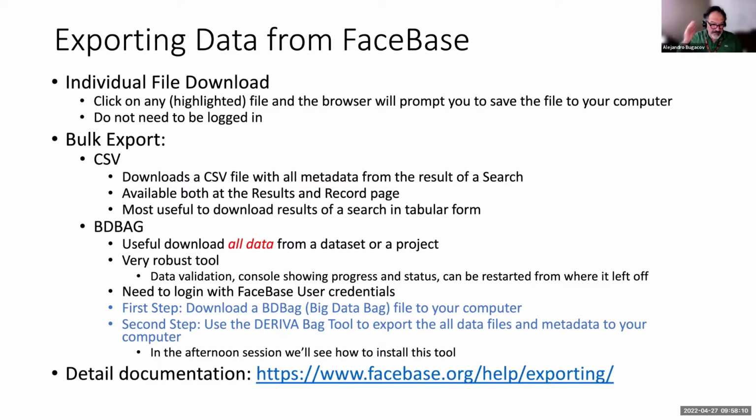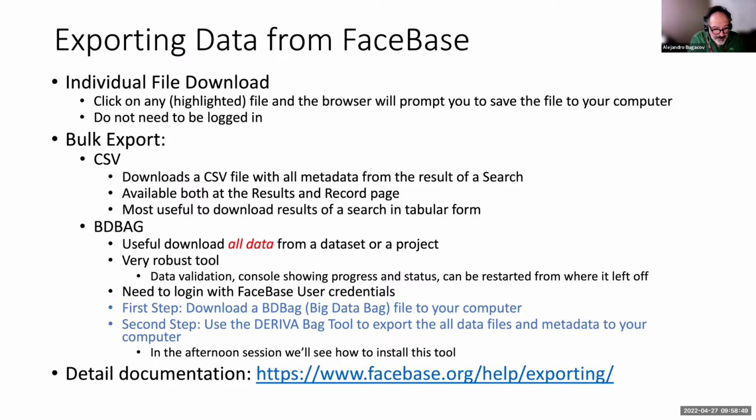And basically, the BD bag export is a two-step process. First, you download the BD bag, which is basically a zip file, into your computer. This is a small file that has information on where to fetch the files from. And then the second step, you will use one of our tools that we call the Deriva bag tool to fetch all the data files with the information given in that initial zip file that you downloaded.